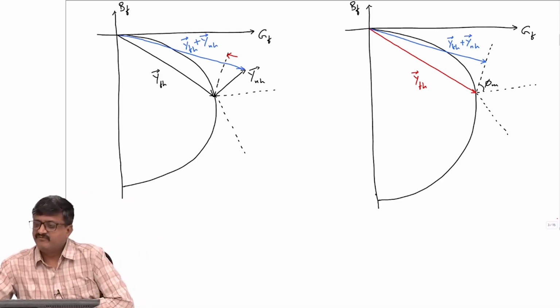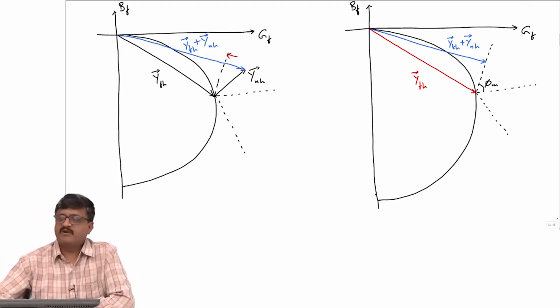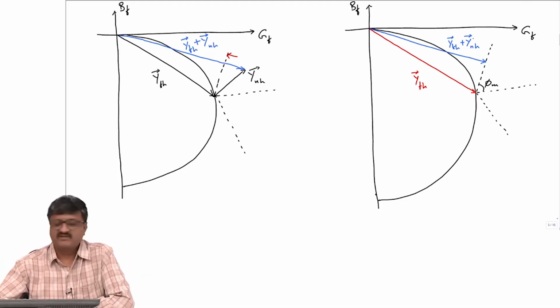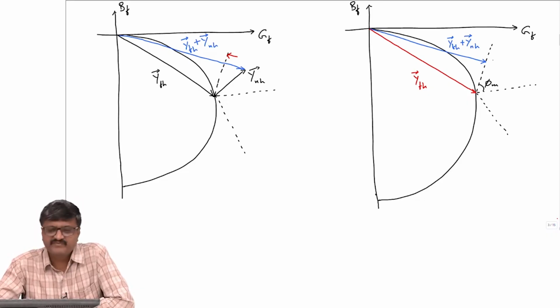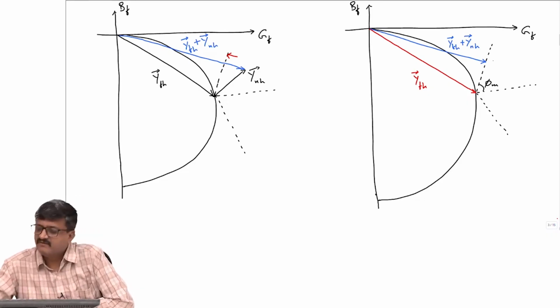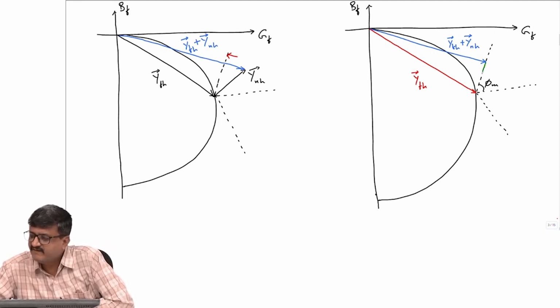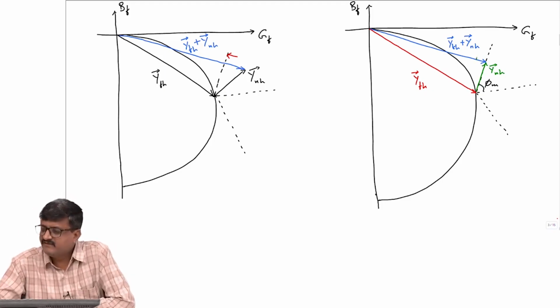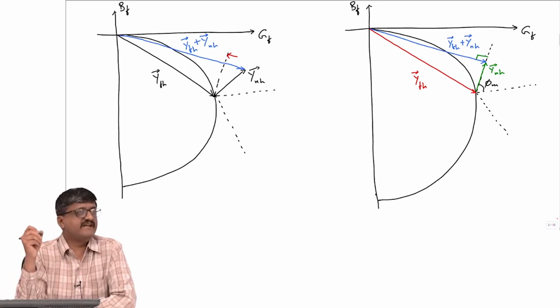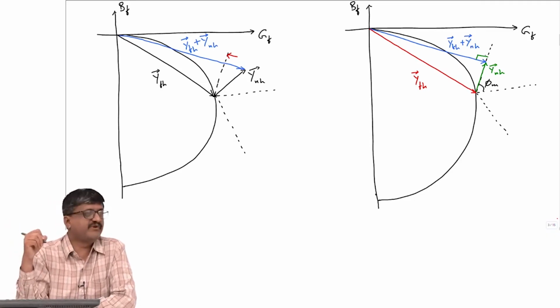So, if this is y of h, the blue complex number is y of h plus y n h and the red one is y of h. So, that means the difference between these two is y n h. So, if I take this as y n h, here the sum of y of h and y n h is perpendicular to this boundary which makes an angle phi.